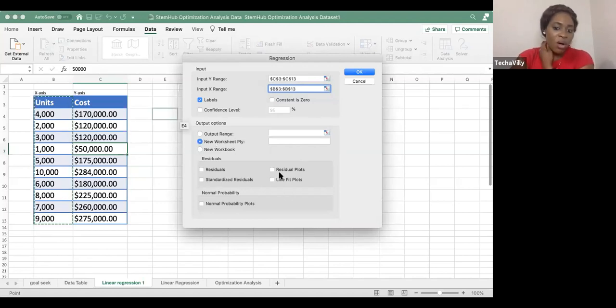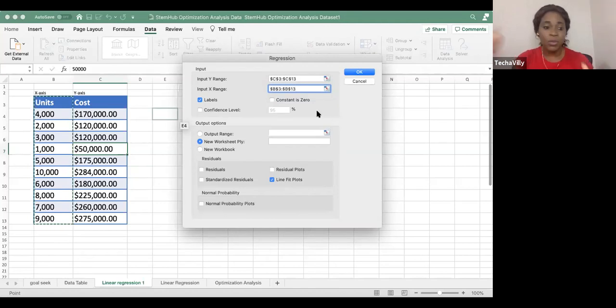And these are all plots. If you want to see the plots, let me select the line plot. The line plot is going to show you if there's a relationship between the cost and the units. You will see a straight line. If there's a relationship, they will be close to the line. But if there's no relationship, they will be far apart from the line. If you know how to do this and you can explain this to your company, you are a guru.